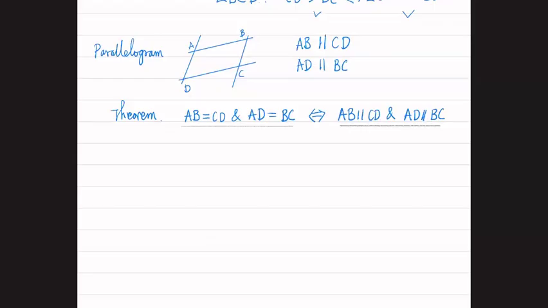Then a very important property about the parallelograms is their diagonals bisect each other. So we call these two the diagonals.